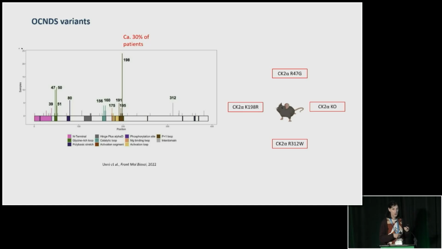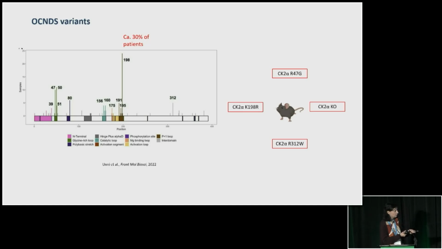So it was clear that if we want to study OCNDS, we have to start with this mouse line because it's representing the majority of patients. But for a better understanding of the functioning of the protein, we decided to look at a mouse that has a mutation knocked in at the N-terminal domain of the protein, which is important for interaction and for its function as a kinase.